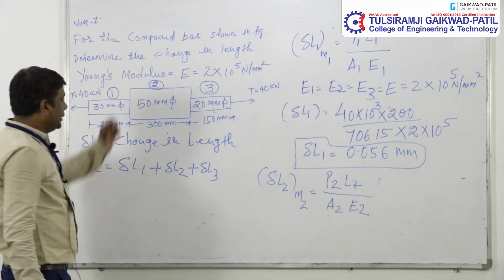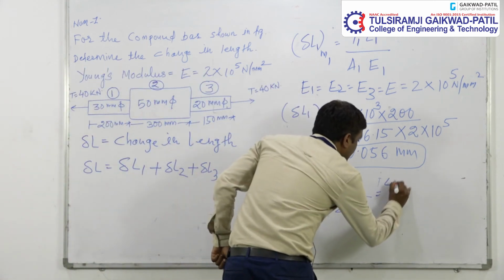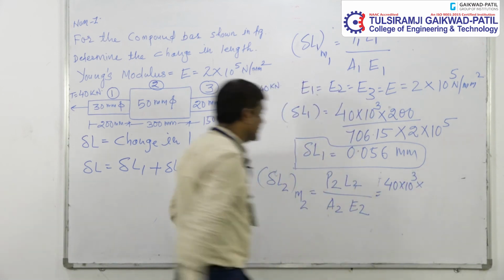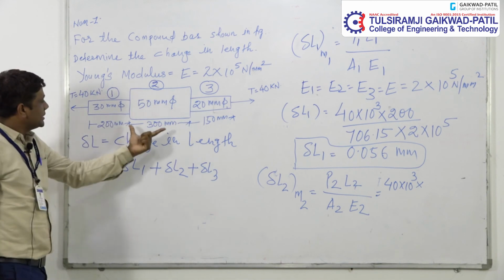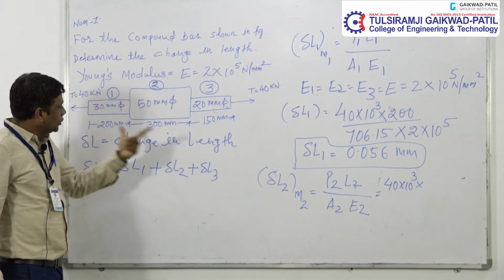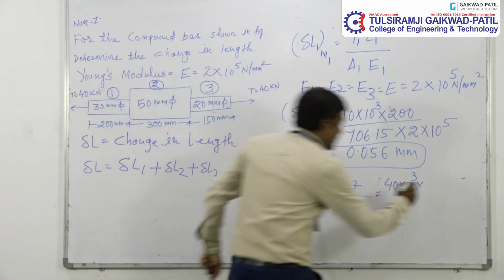What is the value of P2? Again, the value of P2 is 40 into 10 raised to 3. What is the value of L2? See this figure or this diagram, material number 2, and for this material number 2 the value is 300 mm.